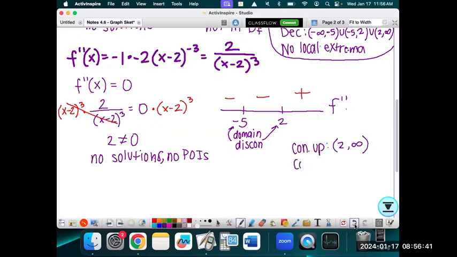It is concave down where our second derivative is negative, which would be -infinity to -5, and then -5 to 2. And then I know I already wrote down no points of inflection, but I'm just going to write that down one more time.